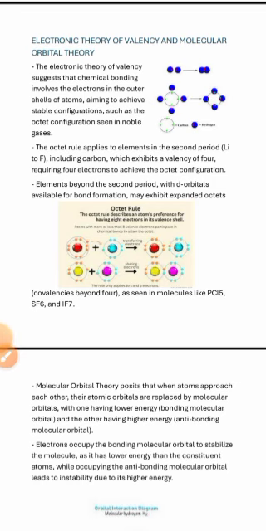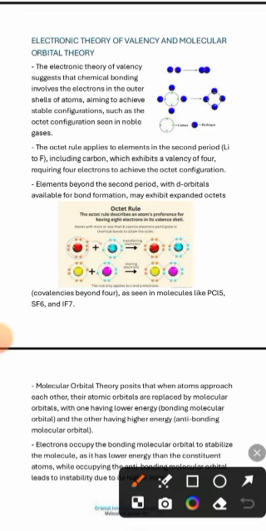So the major aim of chemical bonding is to achieve the noble gas structure. What atoms aim to achieve is that stable state that the noble gases have. So they bond so that they can be stable.